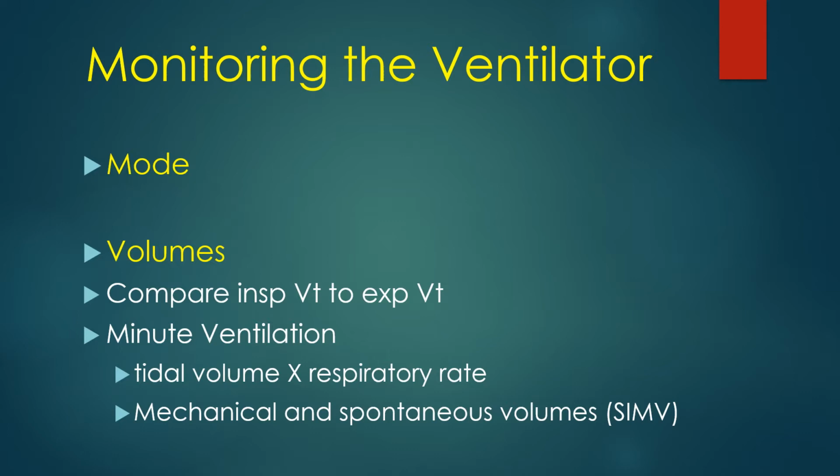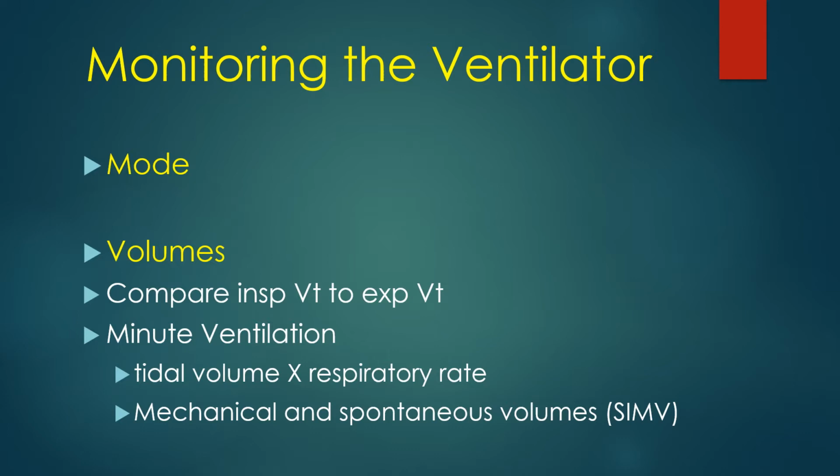The other volume we want to look at is the minute ventilation. And of course, that's the tidal volume times the respiratory rate. And we get the minute volume, otherwise known as the patient's ventilatory demand.